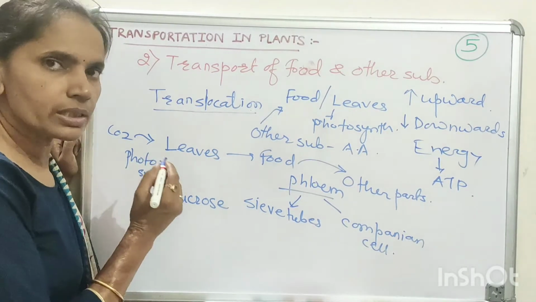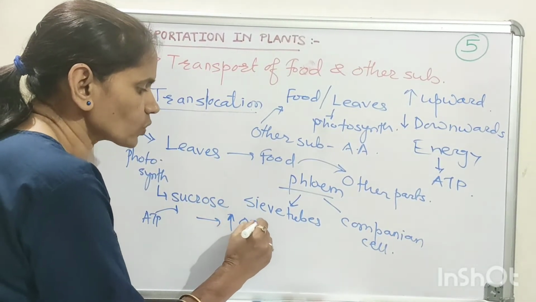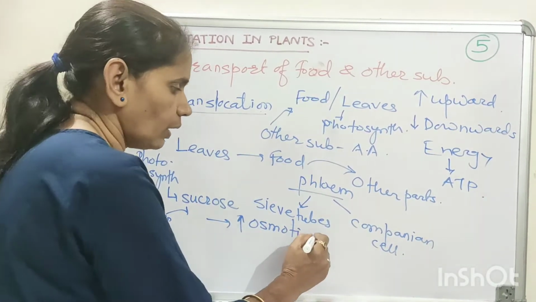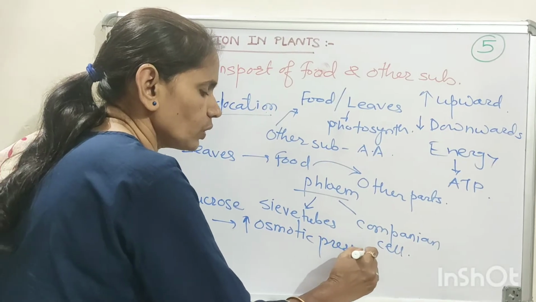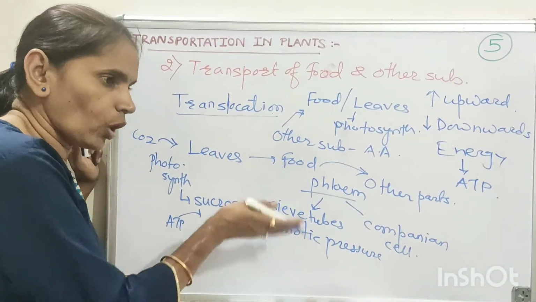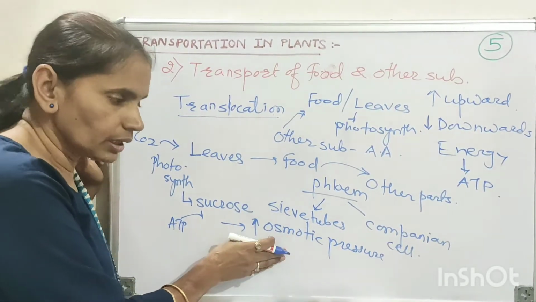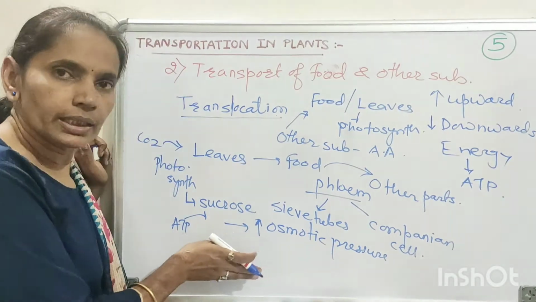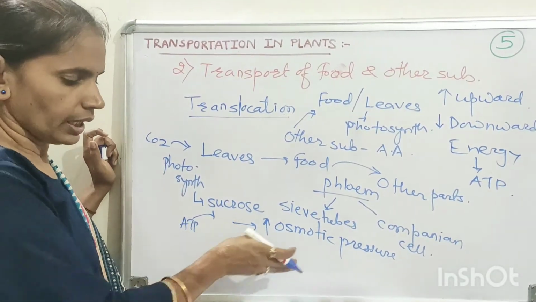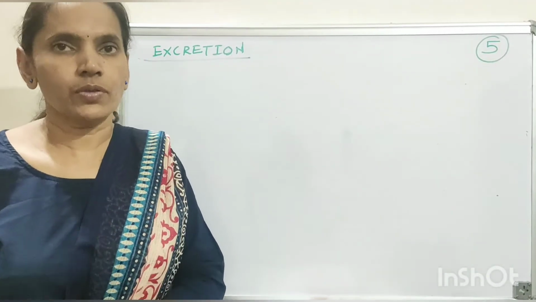Because of this translocation, there is an increase in the osmotic pressure in the phloem tissue. Because of this increase in osmotic pressure, the water moves upwards. So as a result, there will be further movement of the substances in all directions.